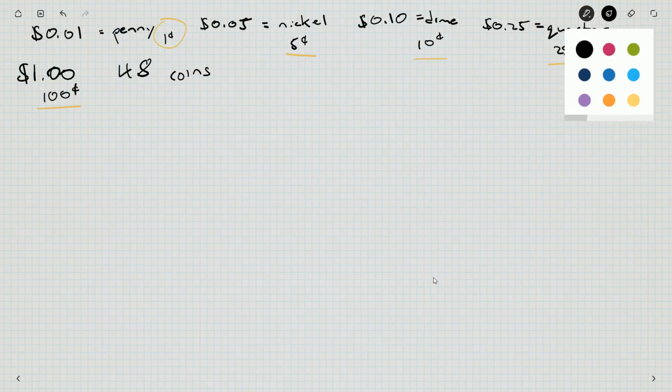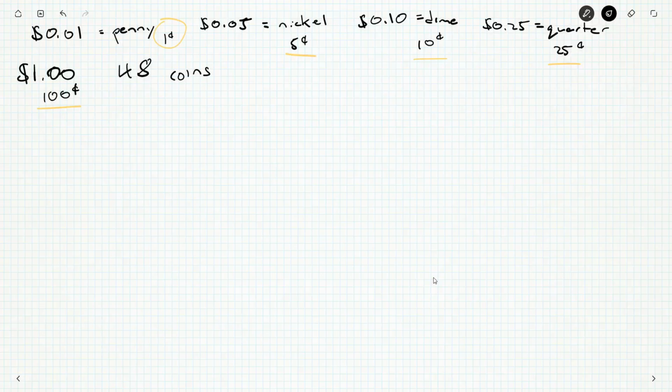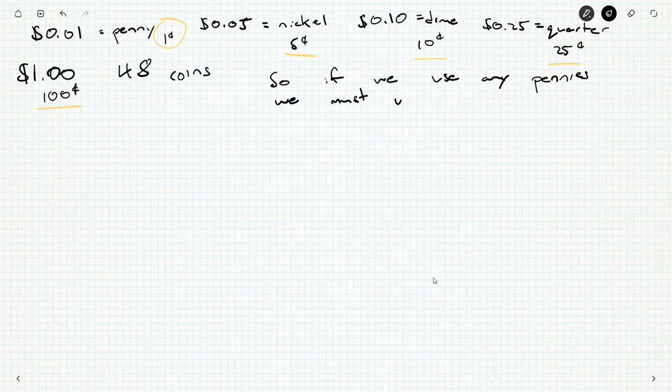So if we use any pennies, we must use a multiple of 5.